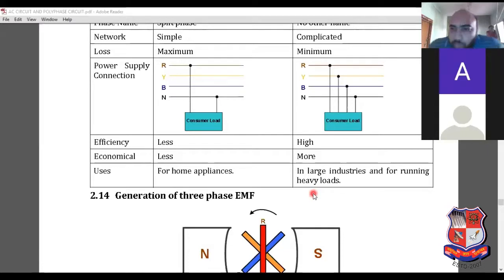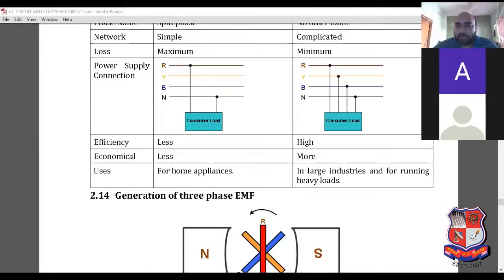So this is the most important question regarding the comparison between single phase circuit and three phase circuit. Clear? See, some students asked me for the material.